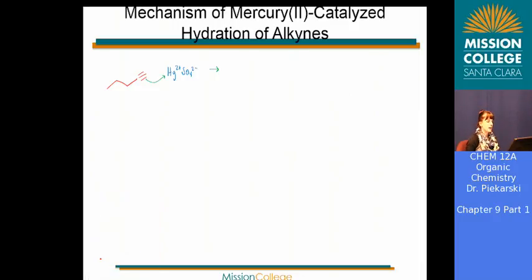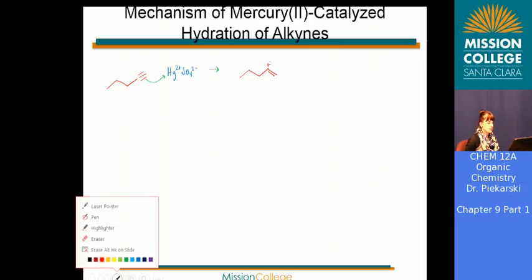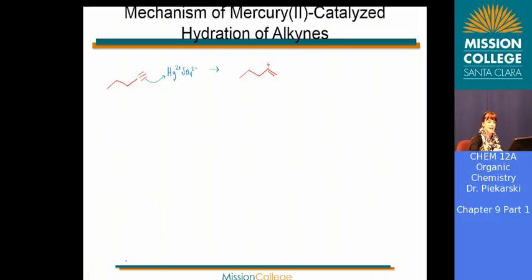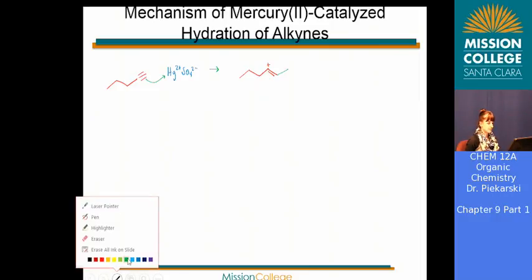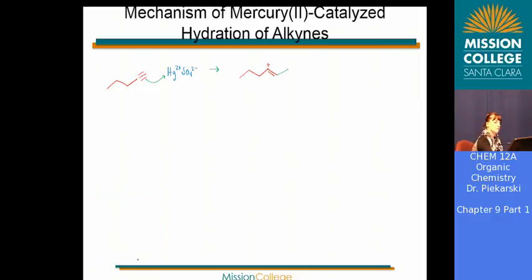And the carbocation is going to form on what side? The more stable side. So the carbocation prefers to be on the more stable side, and the mercury is on the less substituted side. Okay, so that's an intermediate.